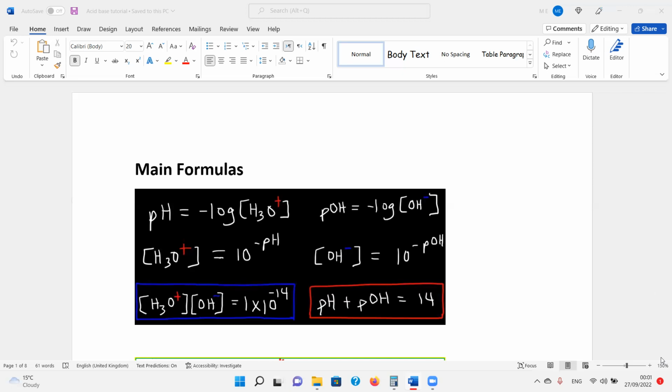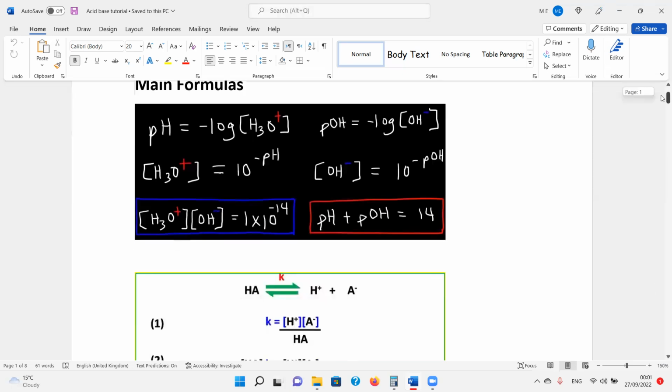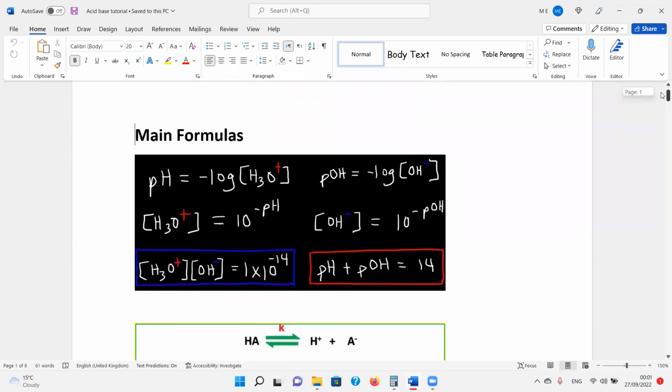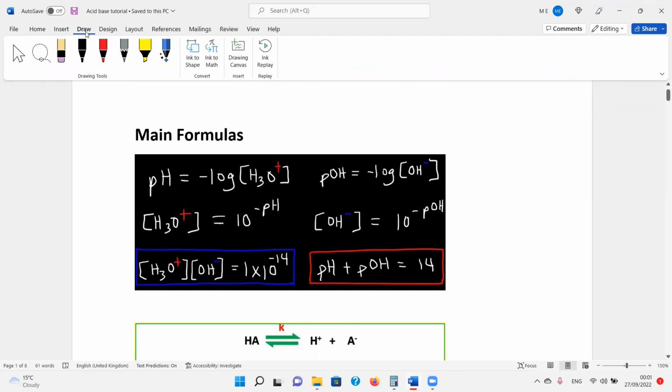Okay. We also learned that we have two types of acids and bases. The first type is basically called a strong acid. A strong acid is the acid that dissociates fully, or the base that dissociates fully, if we're talking about a strong base.